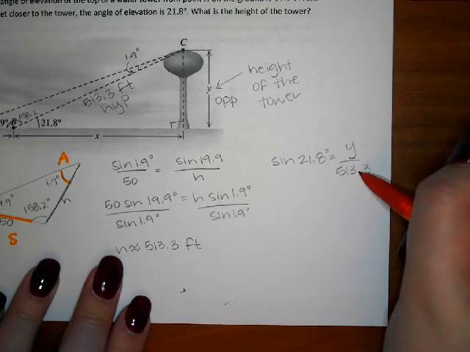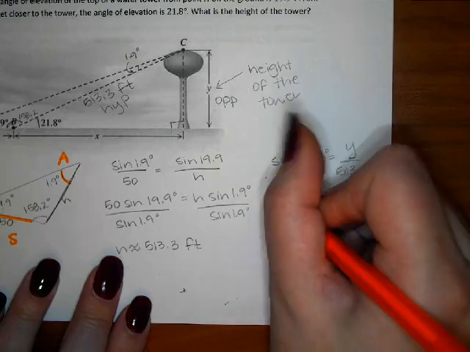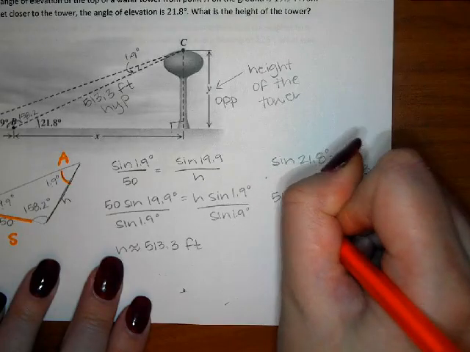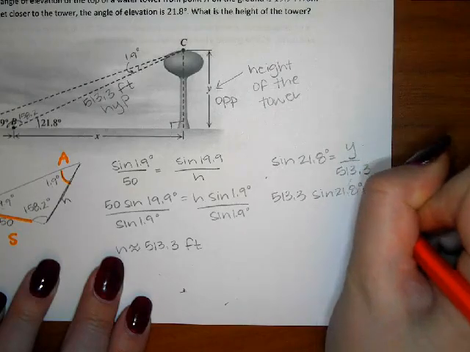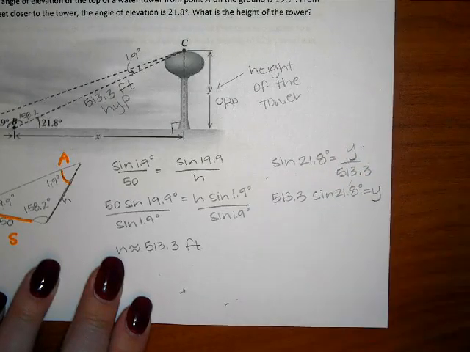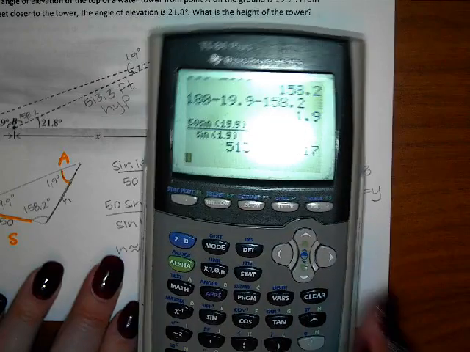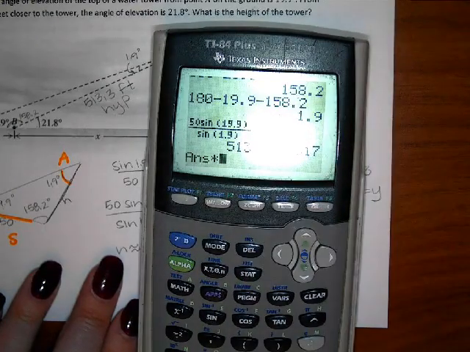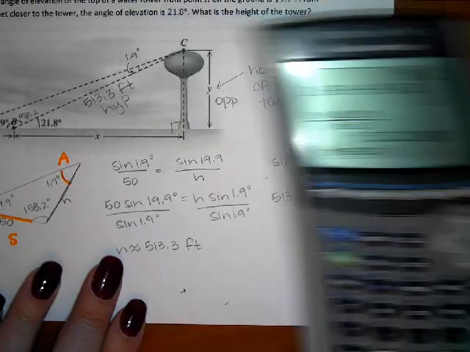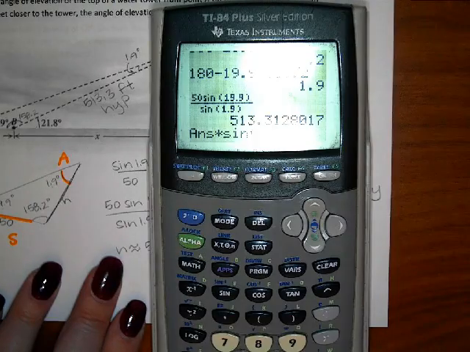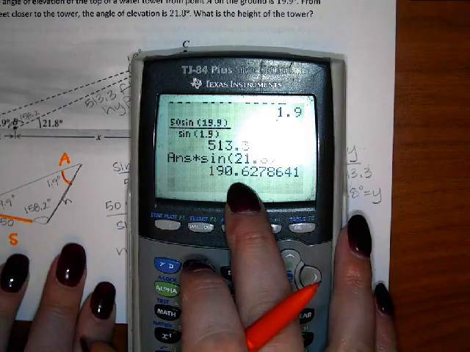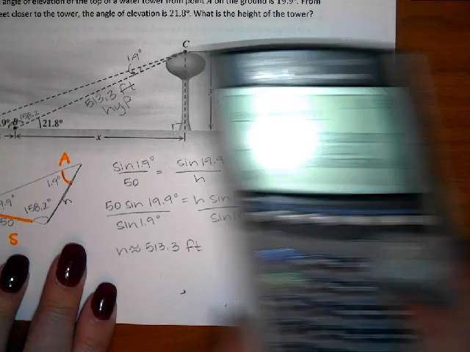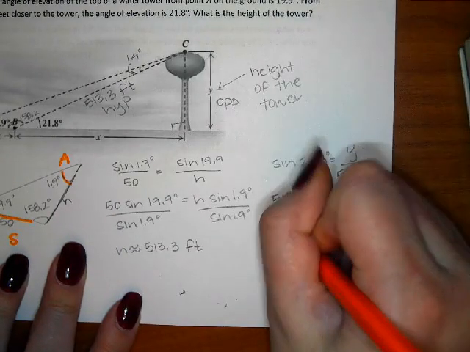So 513.3, this decimal, times sine of 21.8 is the height of the tower. So the tower is 190.6. So the tower is approximately 191 feet tall.